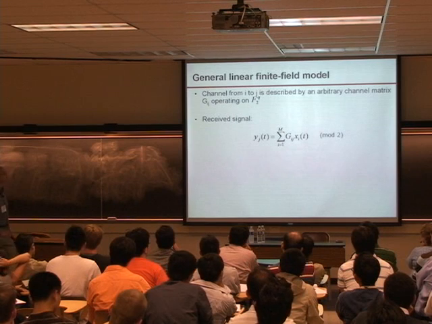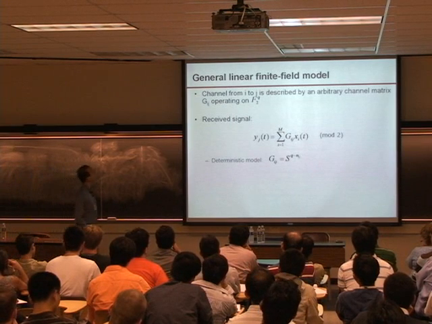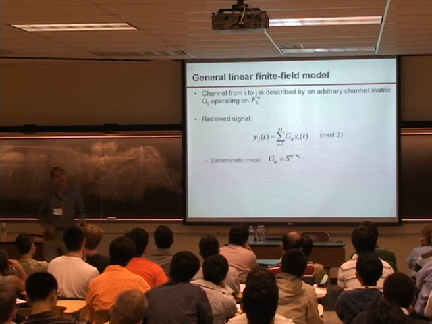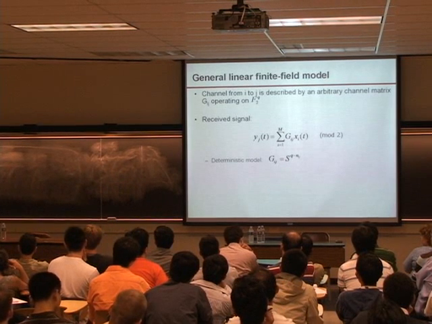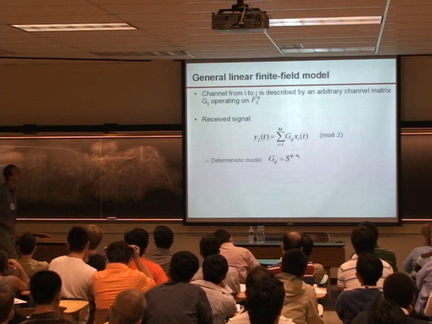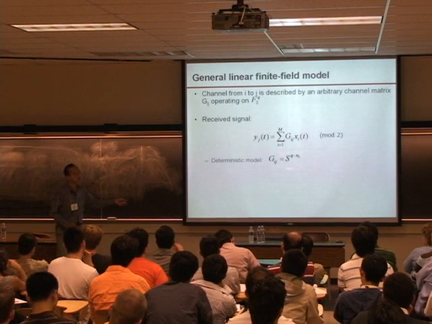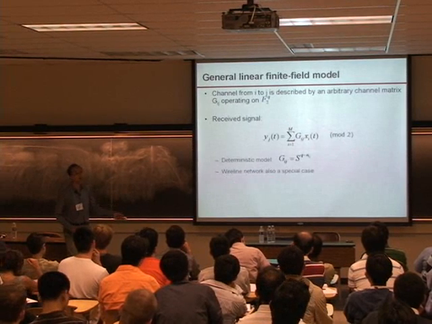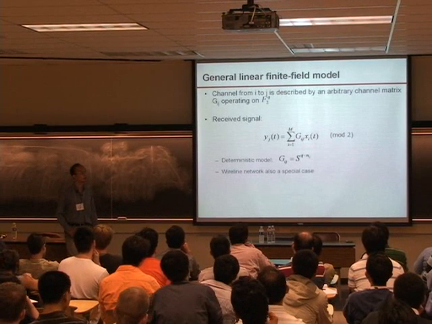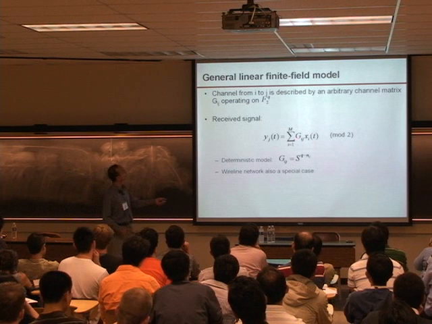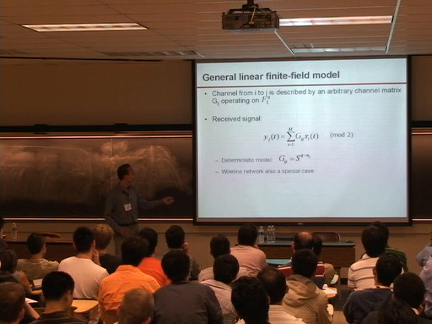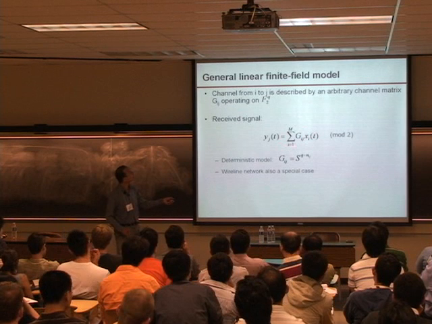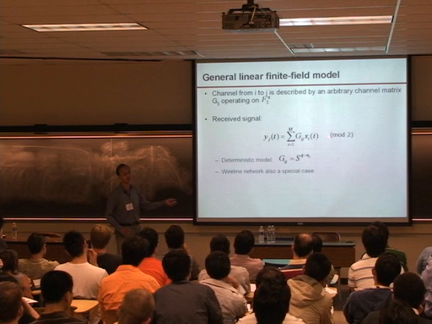Okay? All right. So if you look at this model, it encompasses both our deterministic model, in which case the transformation is a shift matrix, and it also encompasses the Wireline network. The Wireline network is nothing but a special case of this, where the Gij is such that there's never any interference at the receiver.